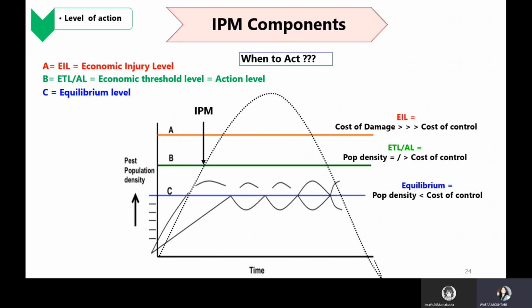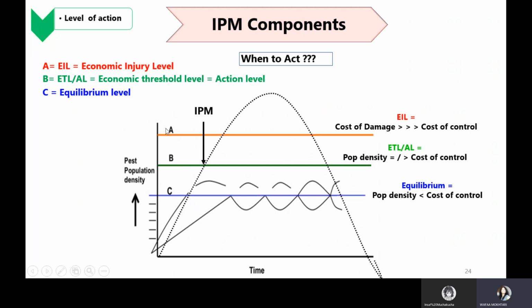So you are not doing well economically here. However, there is another level called the economic threshold level, and this one is B, okay? And it is called the action level.